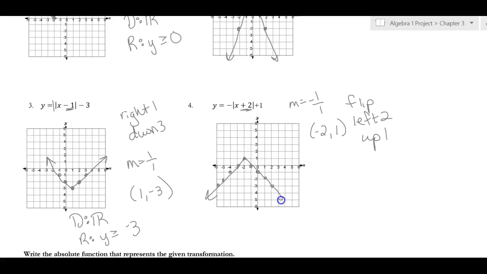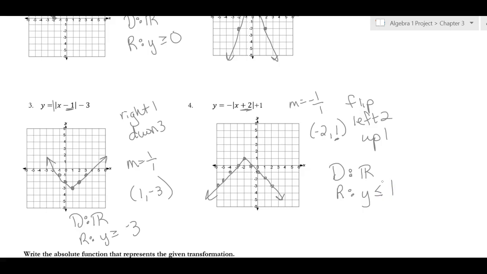And there's my absolute value. There's my graph. My domain, my arrows are going to the left and right, so it's all reals again. And my range, this time it's going down, so y is less than the y value, which is 1. So y is less than or equal to 1.